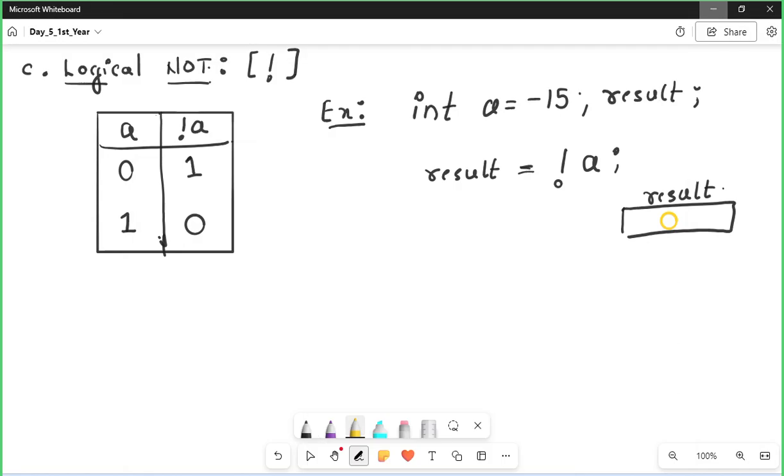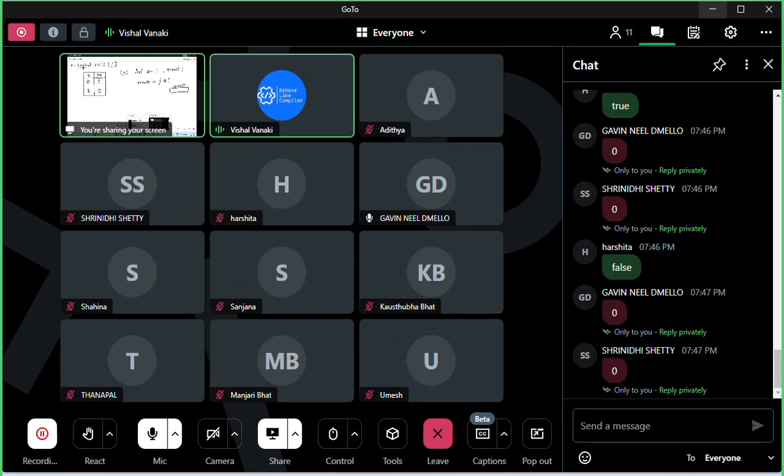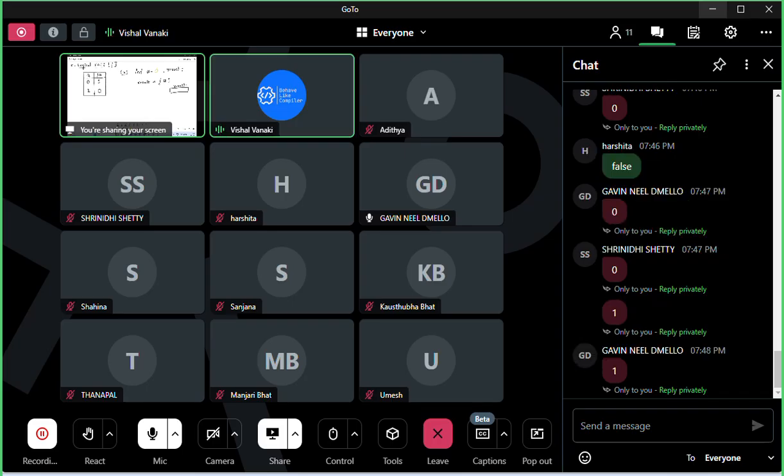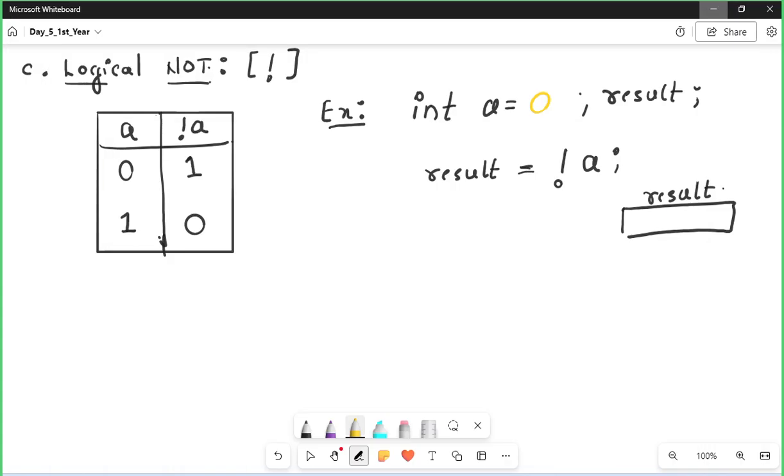Okay. If this A value is 0, then what will be the result? If I apply NOT operator, if A value is 0, what will be the result after applying the NOT operation? Correct? Okay, very good. It will be true, 1.